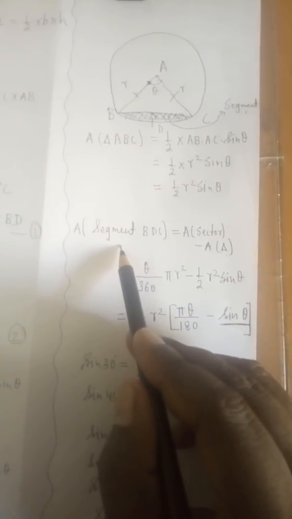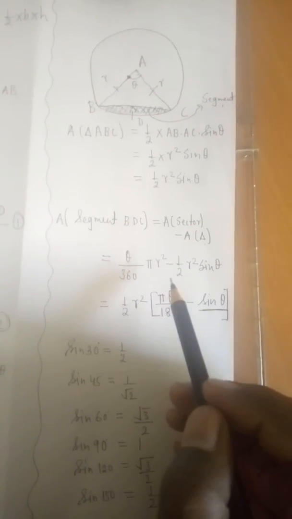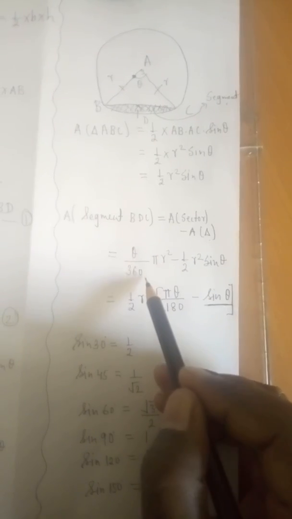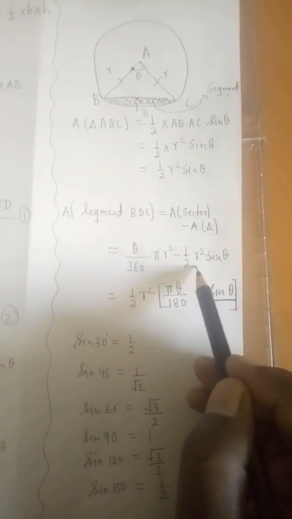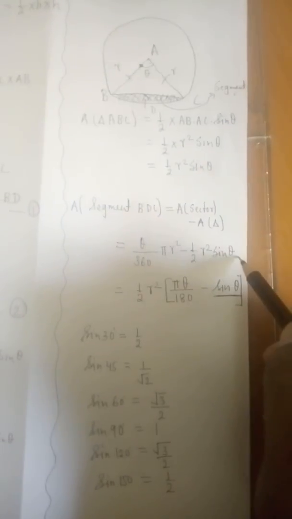So that means area of segment equals area of sector minus area of triangle. We know the area of sector is theta upon 360 pi r square, minus the formula we have derived for the area of the triangle, half r square sine theta.